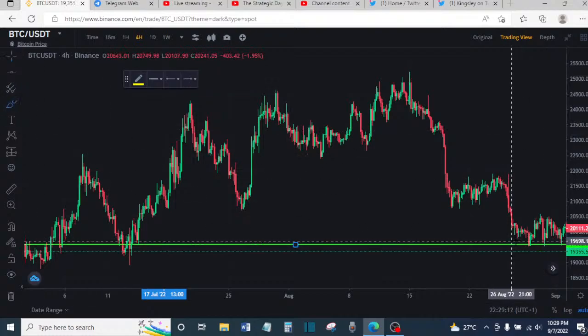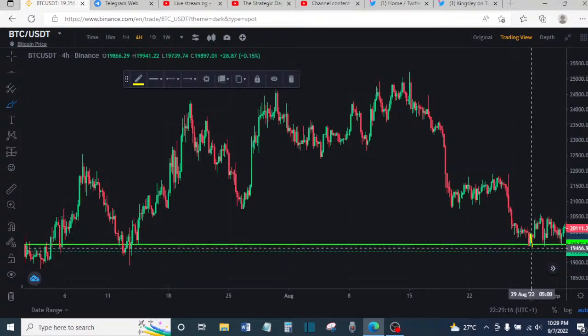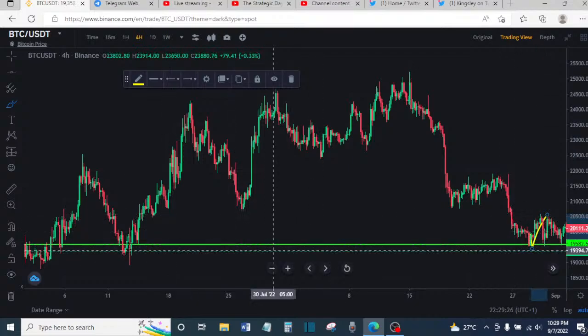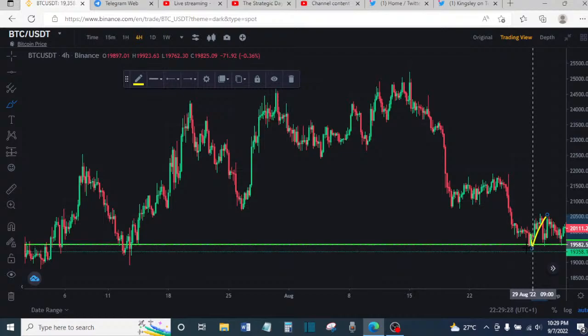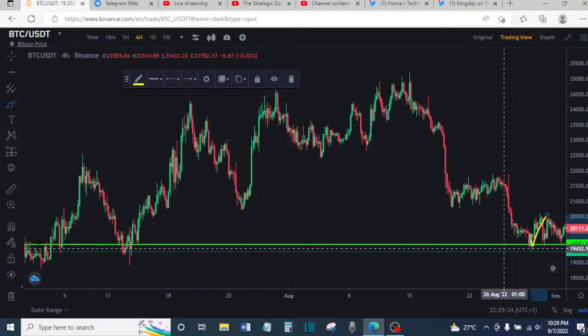But finally they came to take it out, but slightly, which is not enough. So after taking out slightly, then they retraced. Now look at what is going to happen here. Because the takeout is small, it also caused what we call more bottoms for this area.